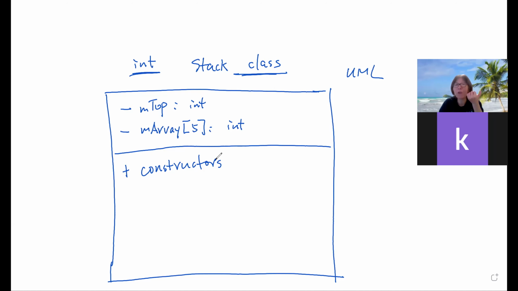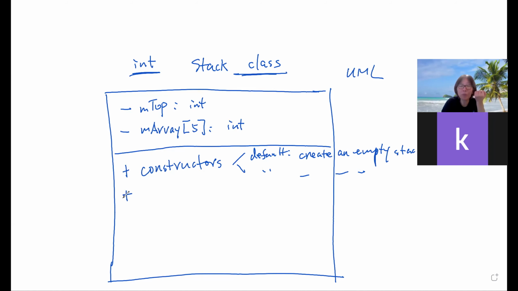So the default one will just create an empty stack, and some other type, maybe where you want to fill the stack with some items from an array. So anyway, that's regarding constructors.